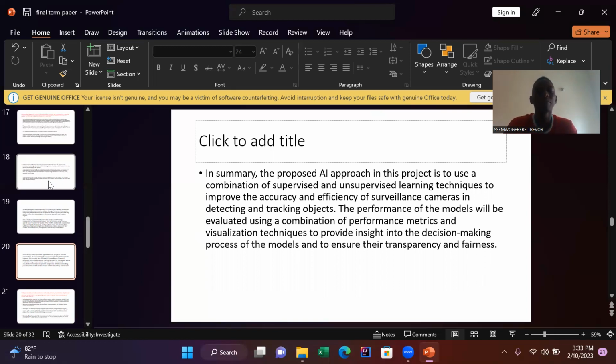So we are proposing to use both unsupervised and supervised learning for improvement of the performance. The performance of the models will be evaluated using a combination of performance metrics and evaluation techniques to provide insight into decision making.